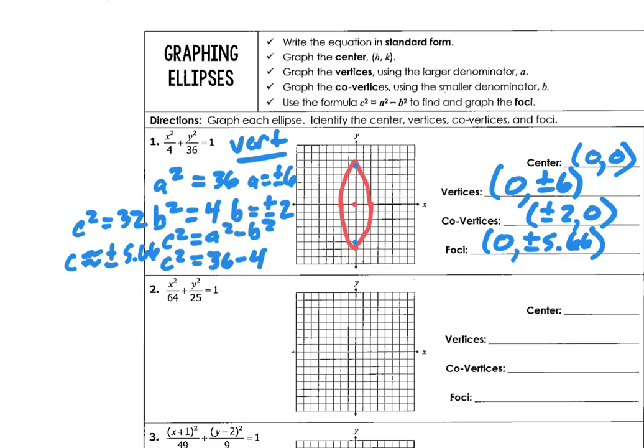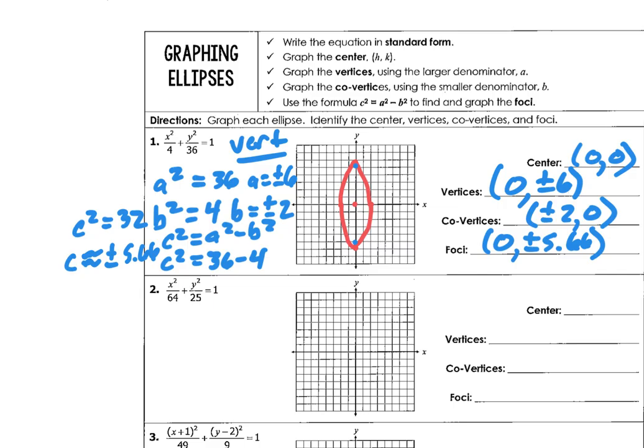They pretty much run into one another when our graph is this small. And we just know it has to be on the inside. It has to be smaller than this number here. If I get a number here bigger than this, then something's wrong. Your foci will never end up outside your ellipse. But a lot of times it'll be right up close to the end of that. That also tells you that it can't be on this axis because that would be outside the ellipse.